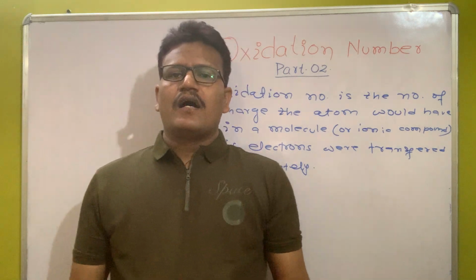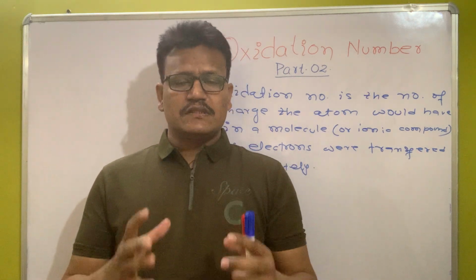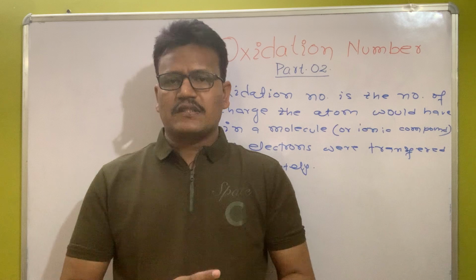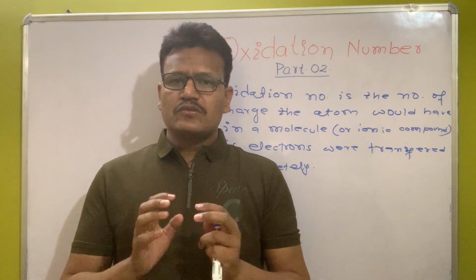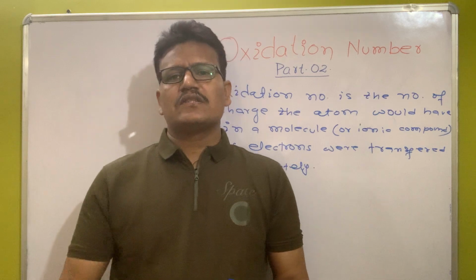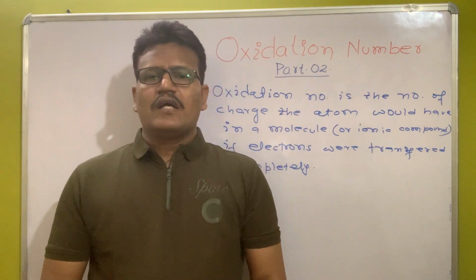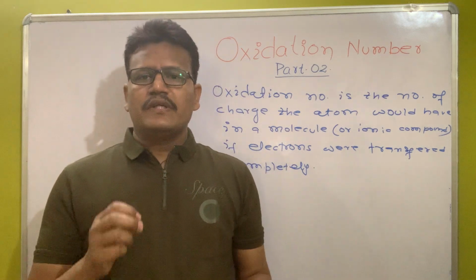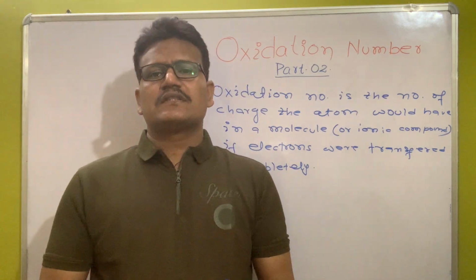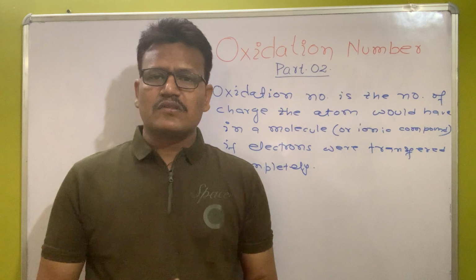If the sharing of electrons between two atoms occurs, we have to suppose one atom is going to transfer its electron to another atom, and using the set of rules we can find the oxidation number of atoms in a molecule.